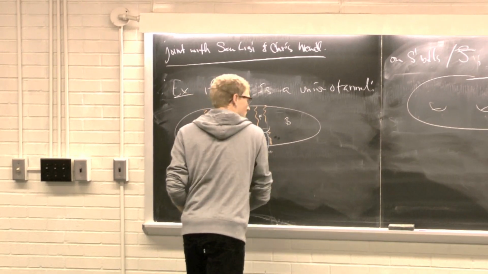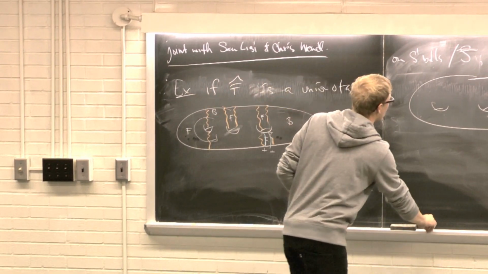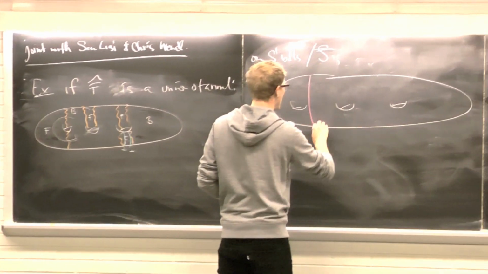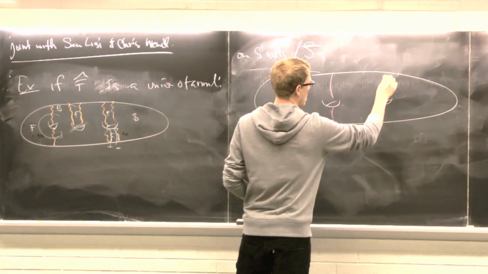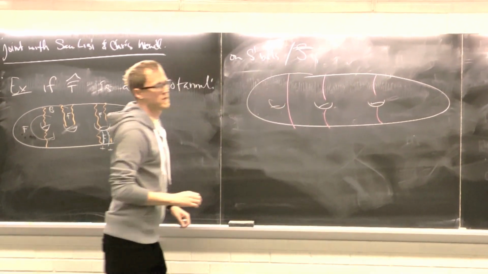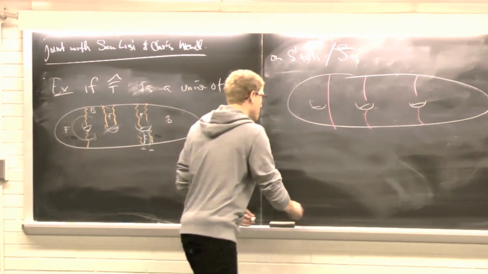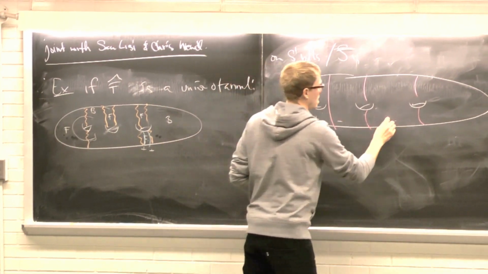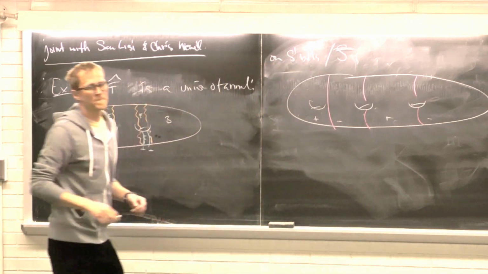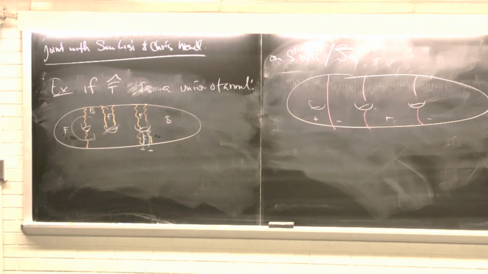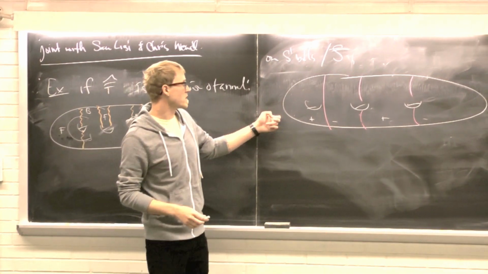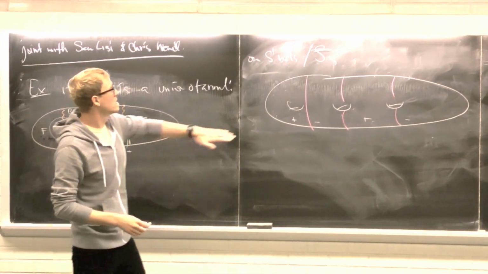So something like, that's orange, let me make this red here. If I did something like this, say, this would give me a dividing set because I can cross from positive to negative. So the contact structure that you associate to the circle bundle over this is what I'm describing here.